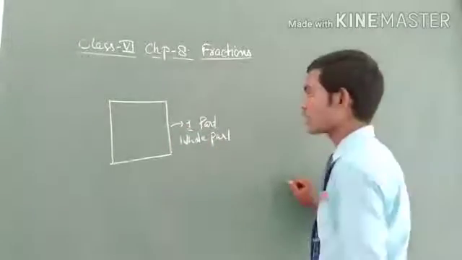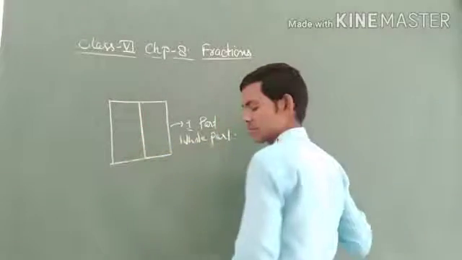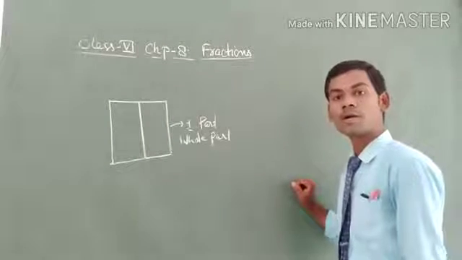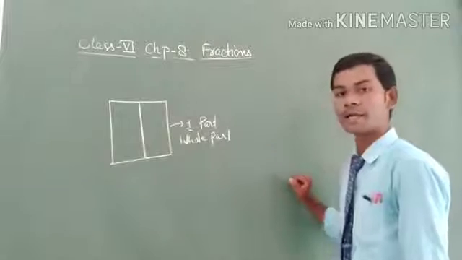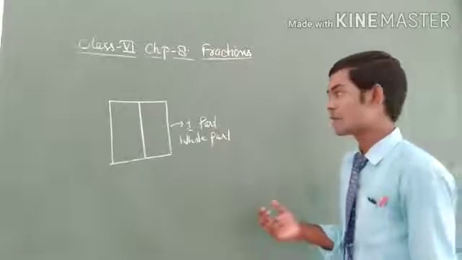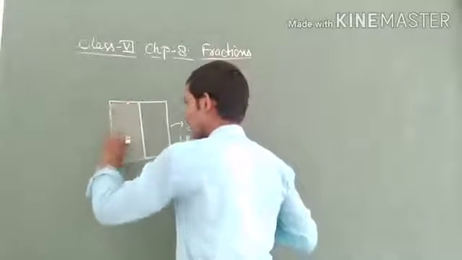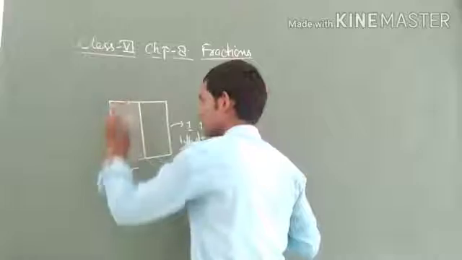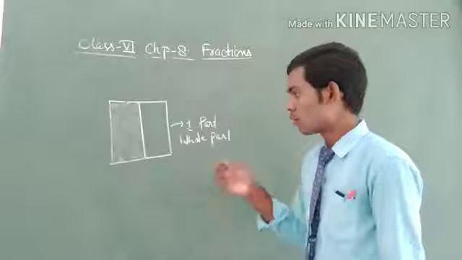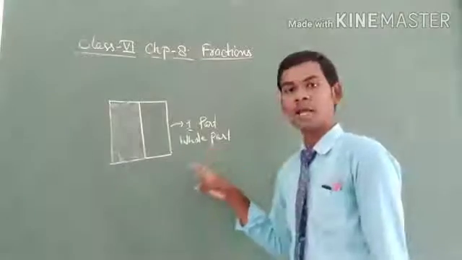But if we divide any object into a number of equal parts, suppose here I divided the square into two equal parts, then if we shade one part of this square, we can see that one part is shaded and the other part is blank.